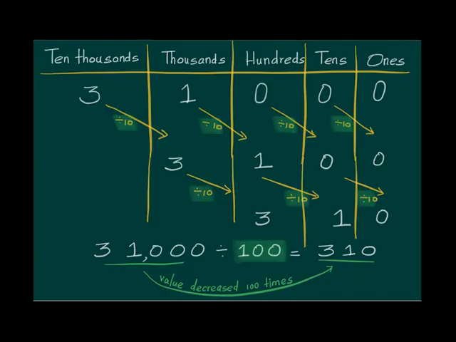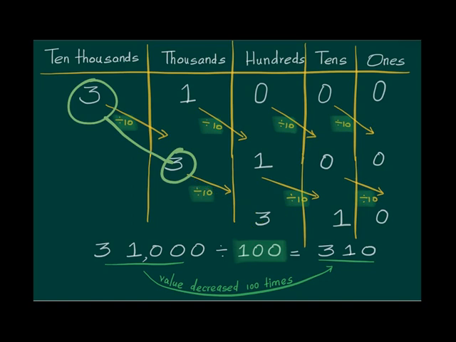This shows the place value chart for division. When we divide 31,000 by 100, each digit moves 2 columns to the right. So if you see, 3 moves 2 columns to the right. So 1 column and again it moves to the next column.